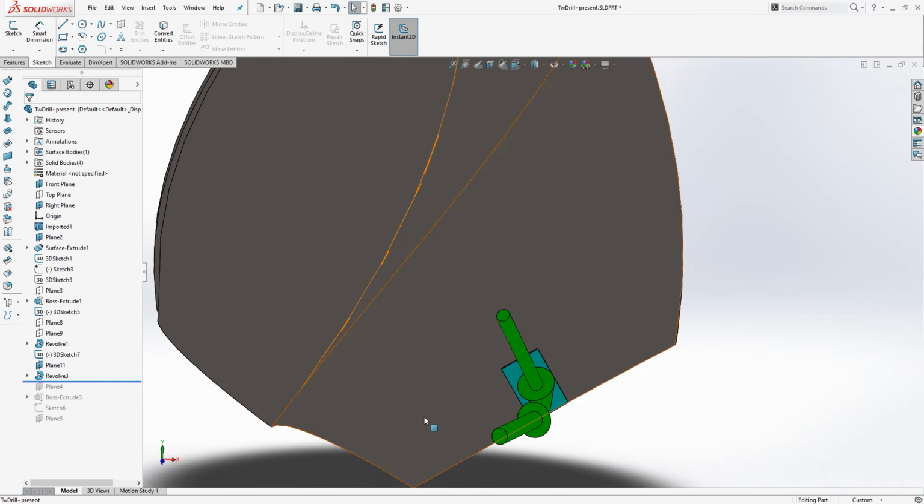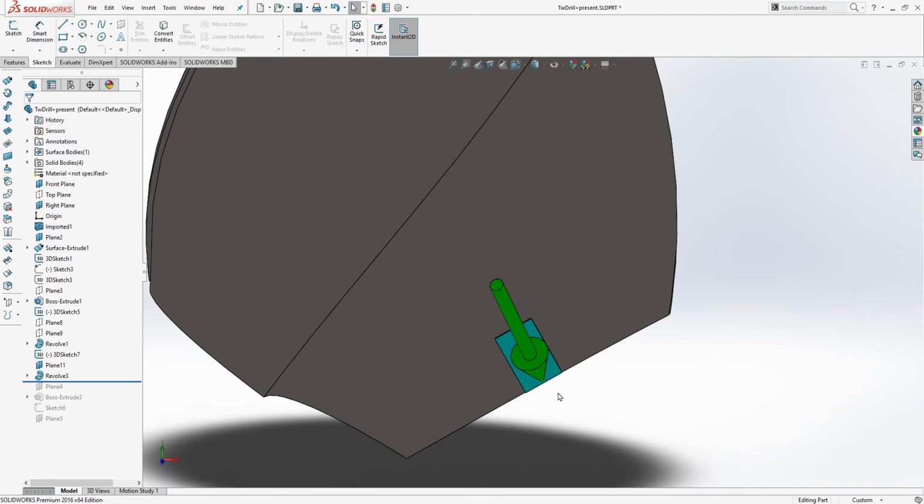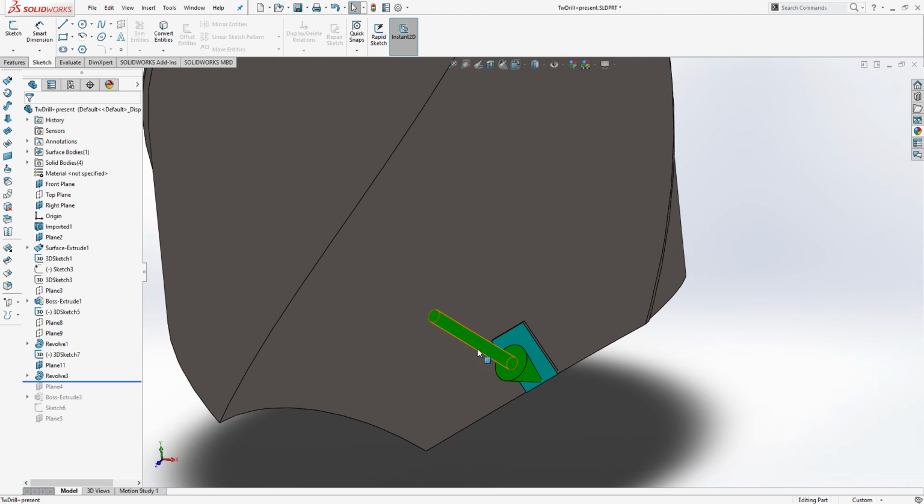Yeah, so if I hide this one, this is the new cutting velocity in UVAD, and this is the oblique model.